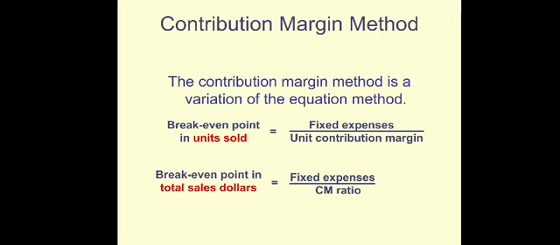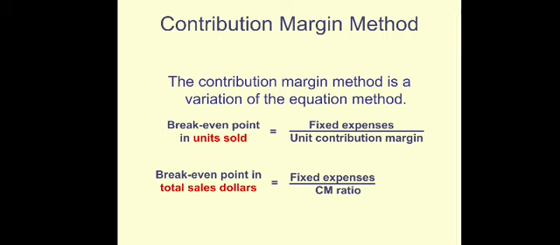The fixed expense for this bicycle business is 80,000, and the unit contribution margin is 200. You have to remember how to calculate the unit contribution margin. So 80,000 divided by 200, and the answer is 400.